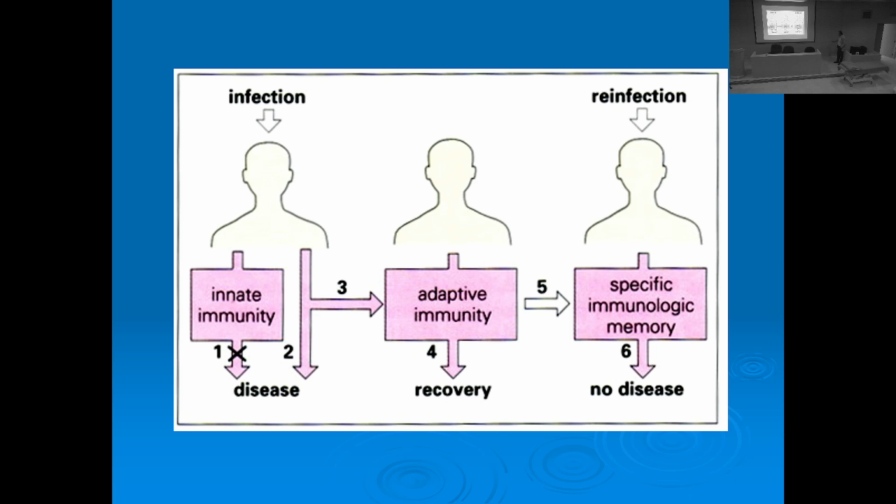There's another aspect which is important in terms of immune response. It's when you get reinfected by a pathogen that you have encountered first, okay? So this is very important. And this is mainly adaptive immunity that will be involved. Since with adaptive immunity, when you have a response to the pathogen, we will produce B and T lymphocytes against the pathogen. Most of them, when they finish their activity against the pathogen, will disappear.